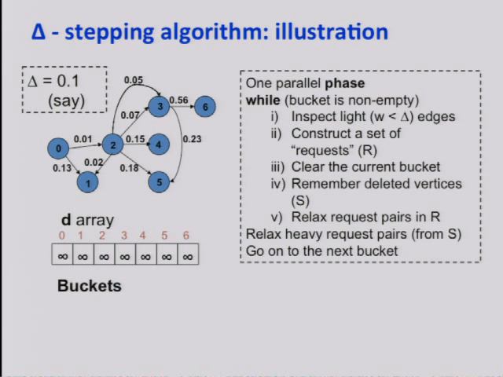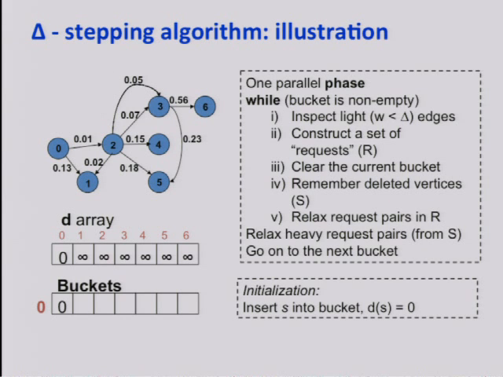The second bucket will contain all the vertices that are at least 0.1 away, but not as far away as 0.2, and so on. The reason we deal with heavy edges later is that there is no way the first vertex is going to go to the first bucket anyway, because the first bucket is defined as within 0.1. Well, okay, one can come back. No, it's not going to come to that bucket due to that edge. It might come back from another source.